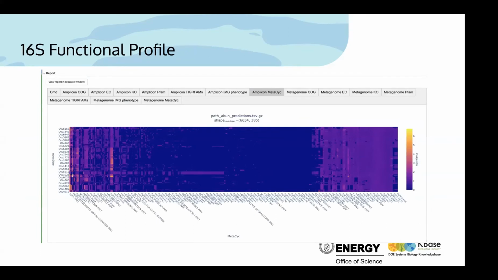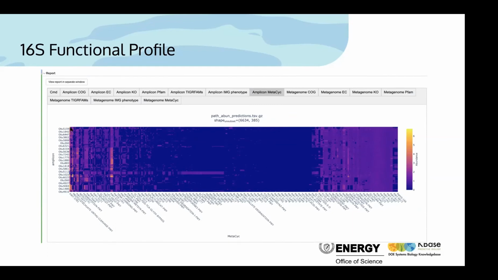We can also use PICRUSt or FAPROTAX to predict the function of both the individual taxa as well as communities. And so here I'm showing this for individual taxa.